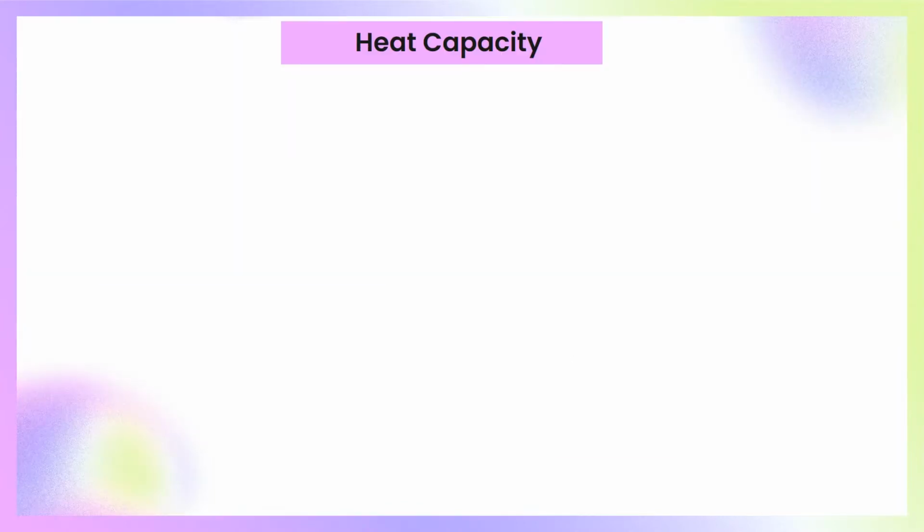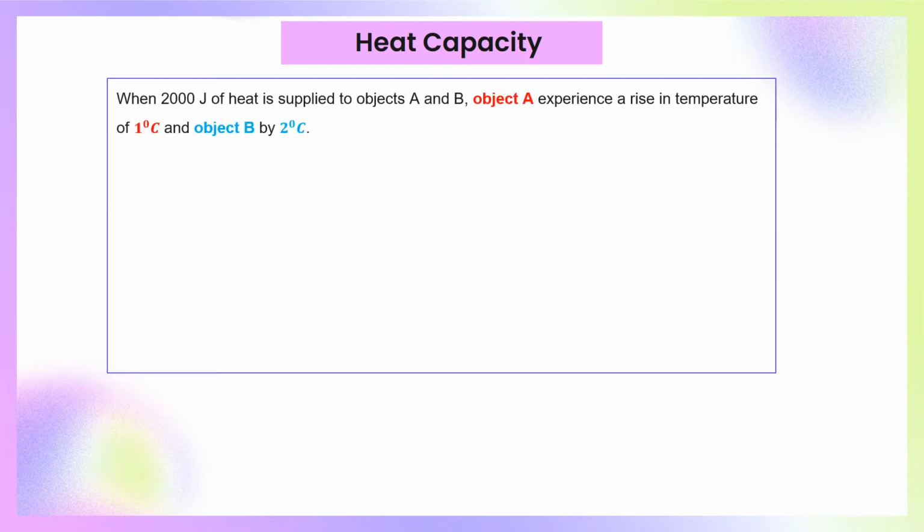Next, let's look at one of the situations here. When 2000 joule of heat is supplied to object A and B, object A experiences a rise in temperature of 1 degree Celsius and object B by 2 degrees Celsius. So the question is, what is the heat capacity of object A and object B?